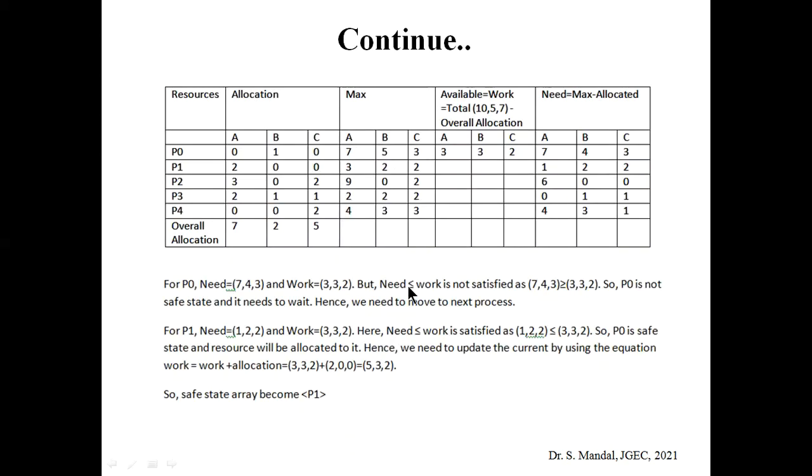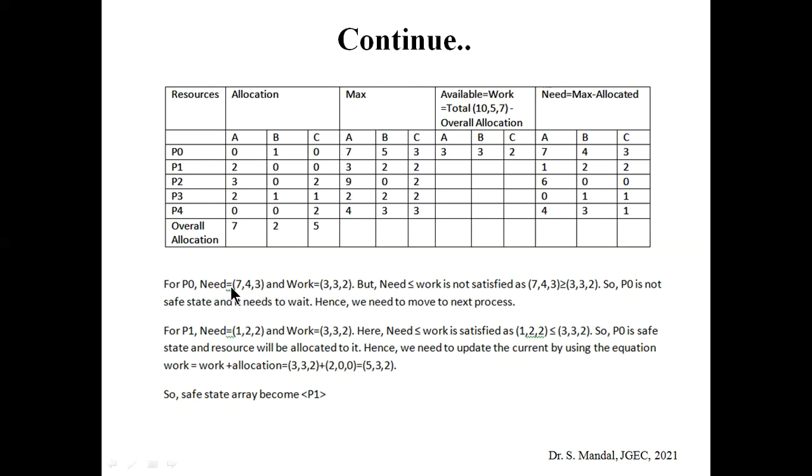So what will happen? We need that if need is less than or equal to work, then we can call that P1 is in safe state. Here we need to check whether need less than or equal to work is satisfied or not.